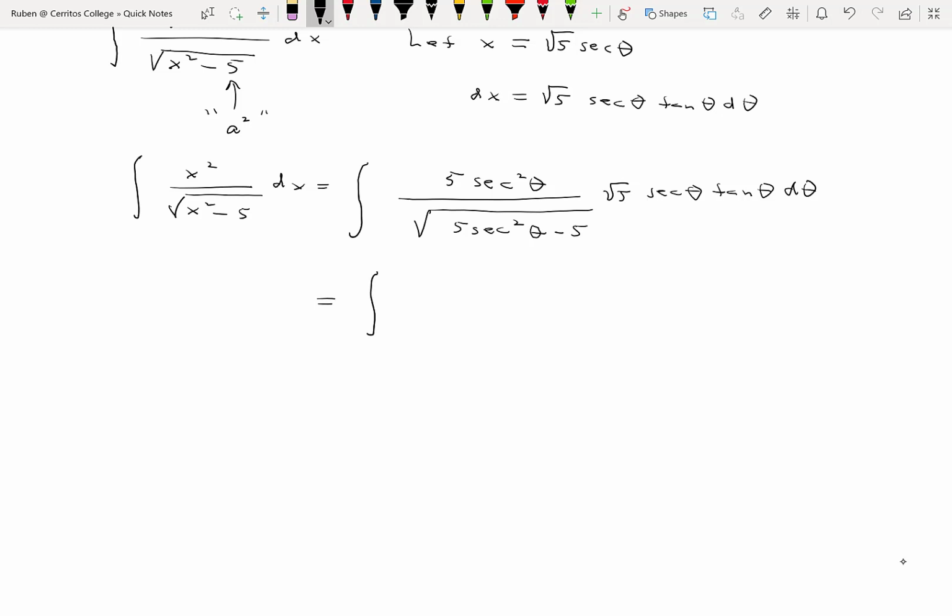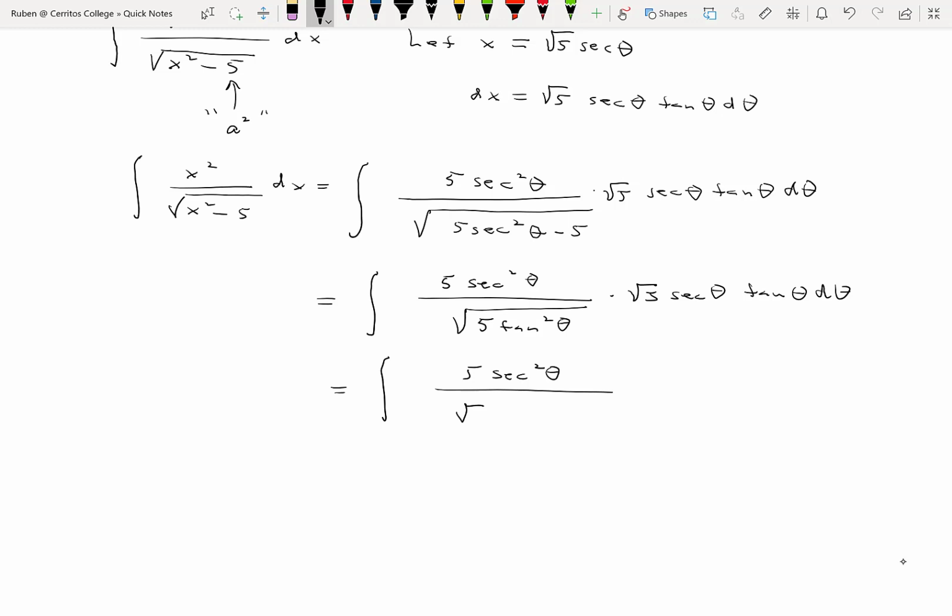Okay, so let's simplify our integrand. This is 5 secant squared theta over the square root of 5 secant squared theta minus 5, which is 5 tangent squared theta, so radical 5 tangent theta, times the same radical 5 secant theta tangent theta d theta. The radical in the denominator, the whole reason for this substitution, goes away.